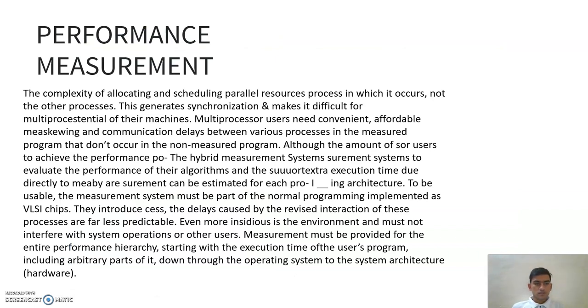Performance measurements. The complexity of allocating and scheduling parallel resources arises in the process in which it occurs, not in the other process. This generates synchronization and makes it difficult for multiprocessor users to measure their machines. Multiprocessor users need convenient, affordable measurement, and communication delay between various processes in the measured program doesn't occur in the non-measured program.